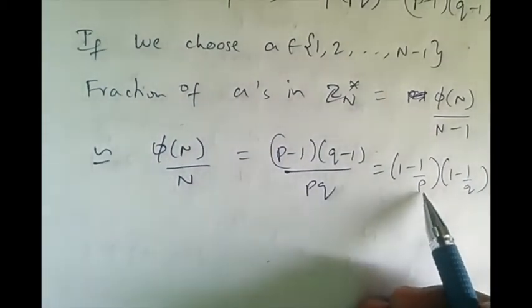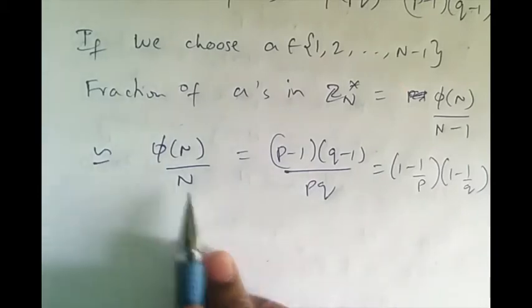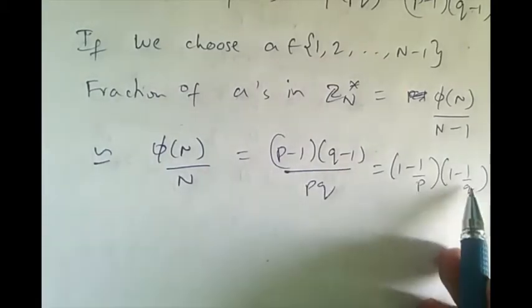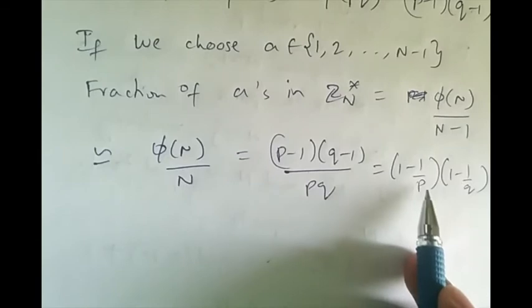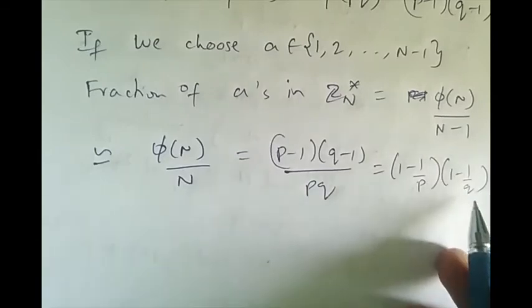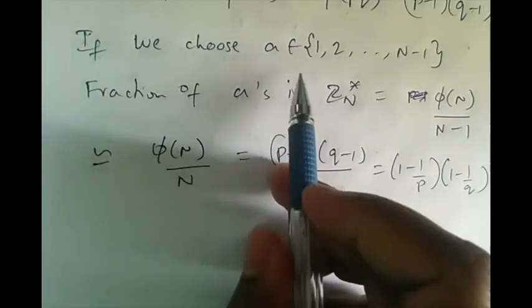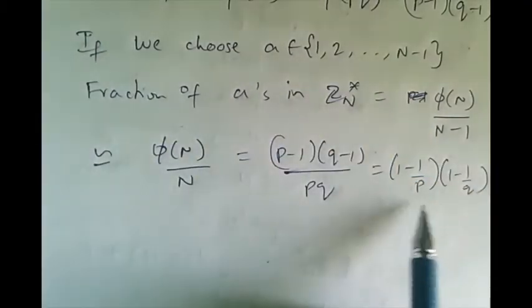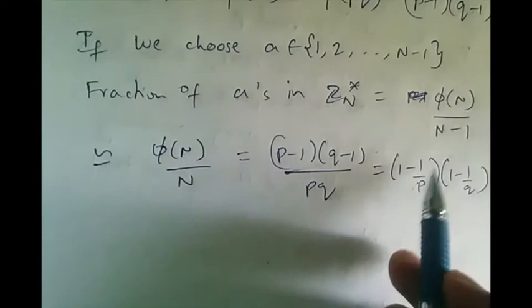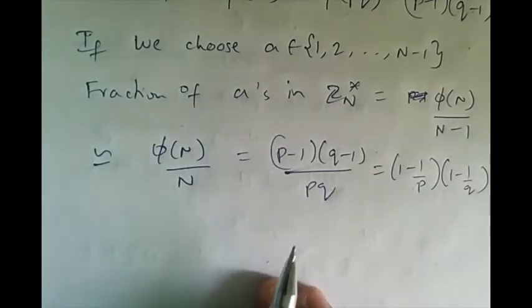If p and q are large factors of n, then 1 by p will be very small and 1 by q will be very small. So this will be very close to 1. Most of the integers in this range will be in Zn star, so it's very rare to find integers which are not in Zn star.